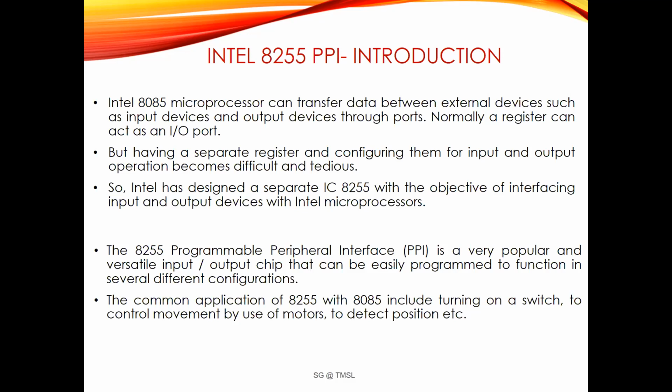There are lots of modes available, so according to your requirement you can select a mode and perform a specific function. This chip can perform digital input and output from the processor in a programmed manner, and the common applications are to sense a switch or to control the movement of different motors, DC motors, stepper motor, and detect the position.